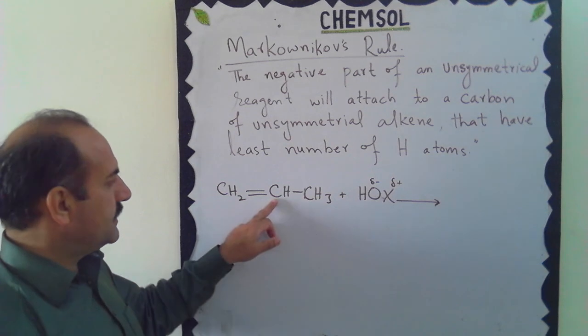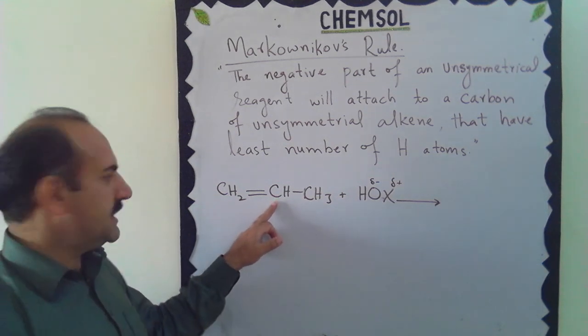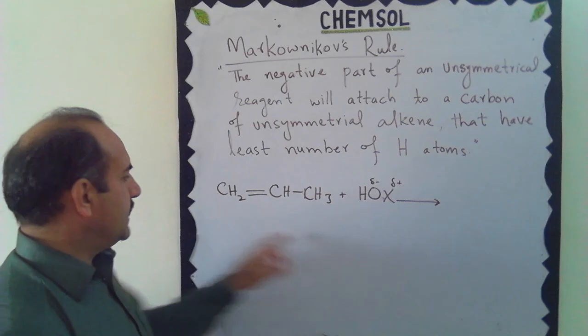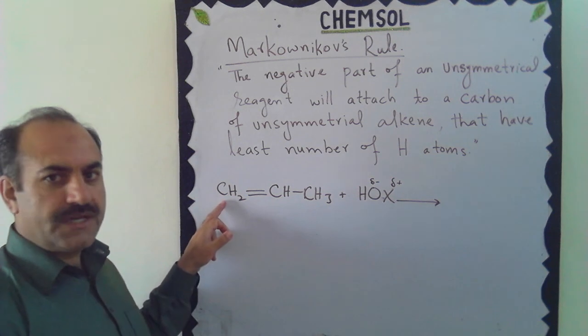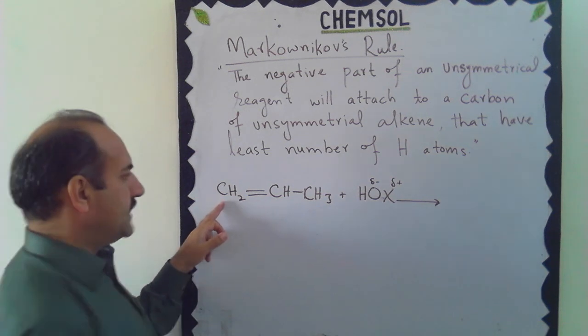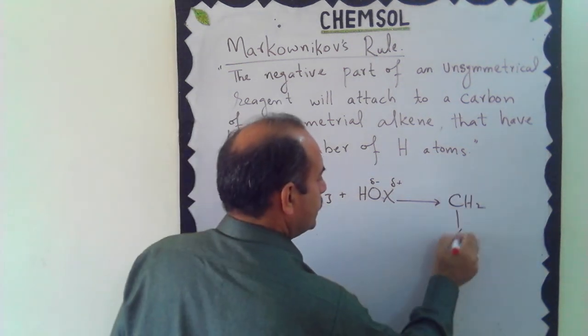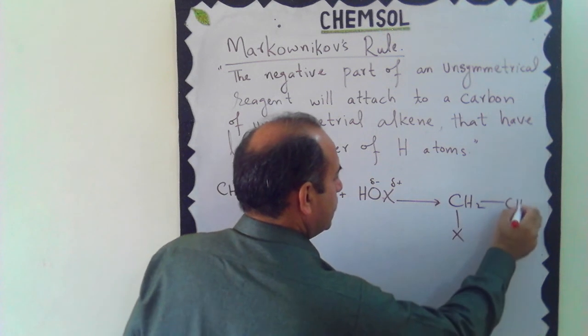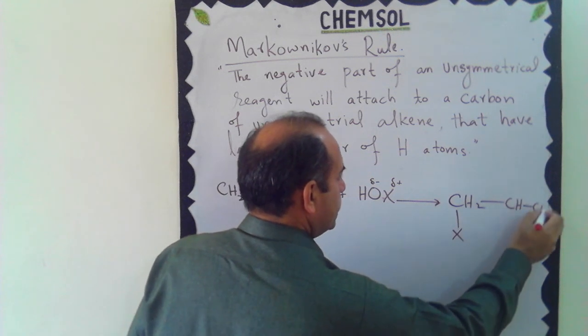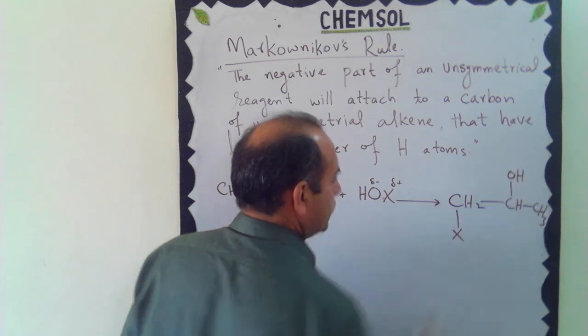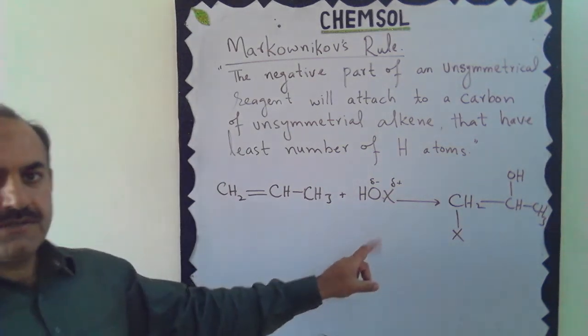So this one will attach on the middle carbon, while the X positive will go towards the carbon atom which has more hydrogens. As a result, our product will be like this: CH2X-CH(OH)-CH3. This will be our product.